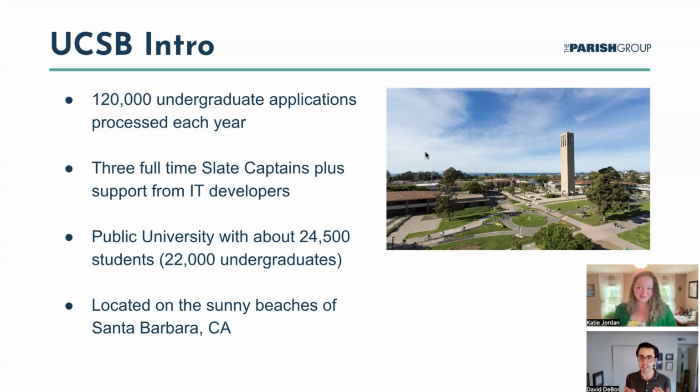We're a public university, one of the top-ranked public universities in the nation, and we're very proud of that. We have a little over 24,000 students, 22,000 of those being undergraduate. But perhaps most importantly, we are located on the sunny beaches of Santa Barbara, California. It's definitely a point of distinction that our students enjoy as part of their experience.